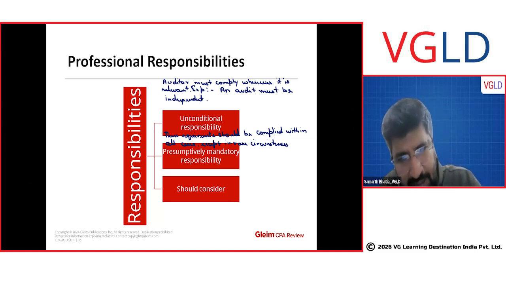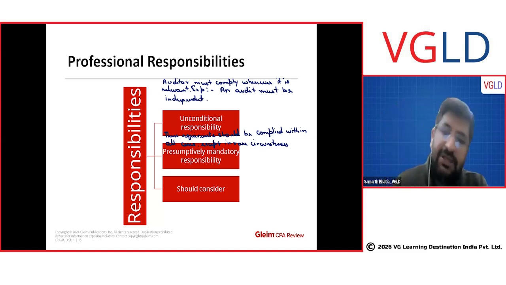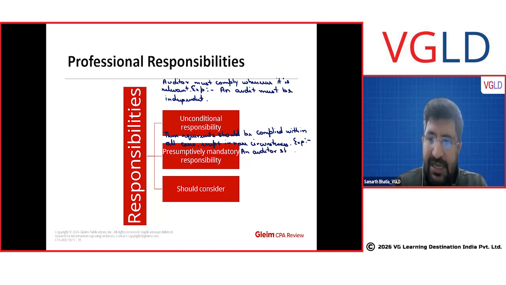So here I would use the keyword should. For example, an auditor should obtain an engagement letter.